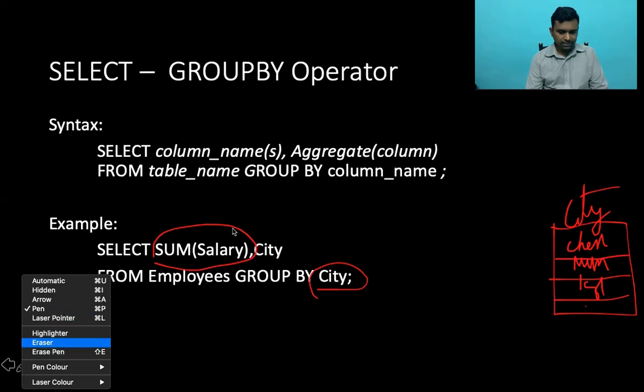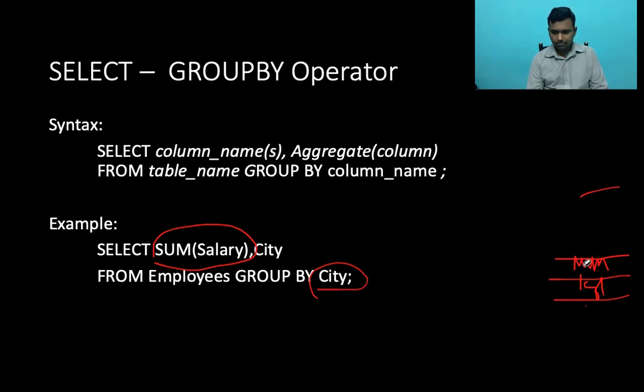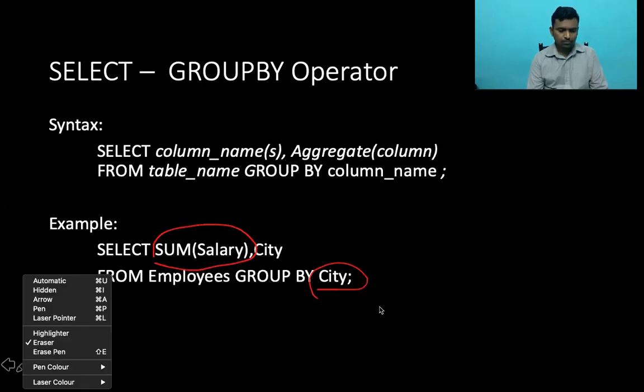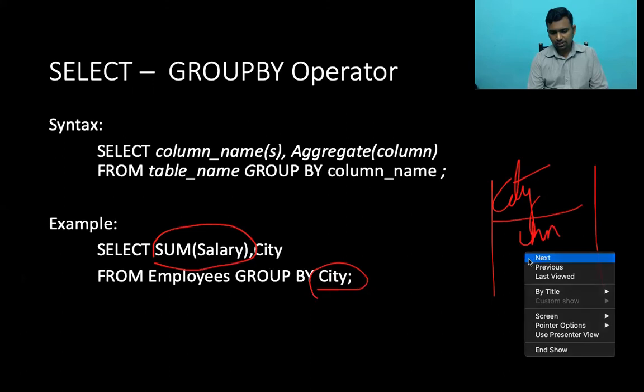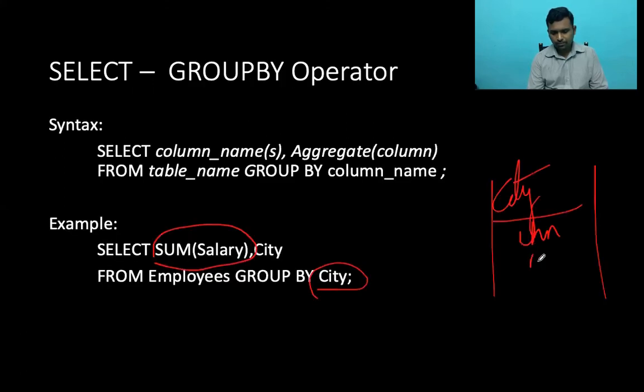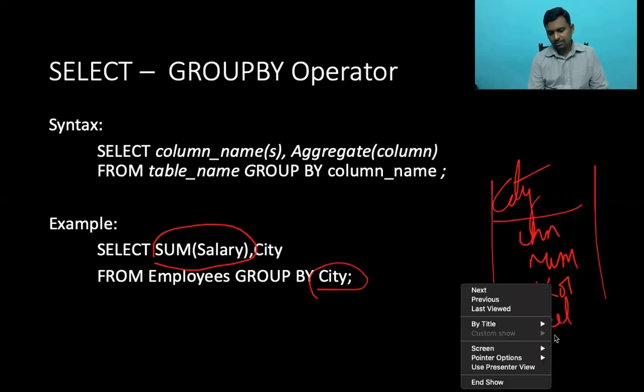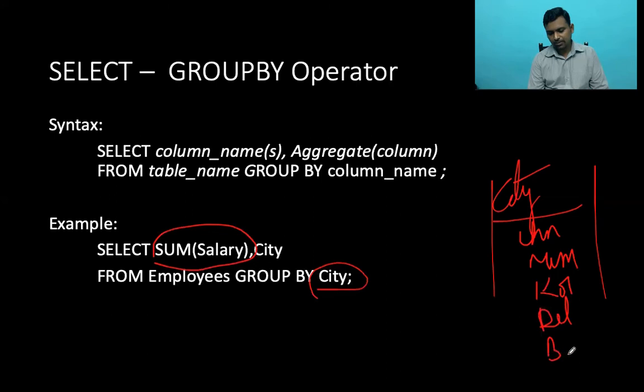I don't have place there. I'll say city. I'll say CHN for Chennai, MUM for Mumbai, then KOL for Kolkata, DEL for Delhi, BLR for Bangalore.